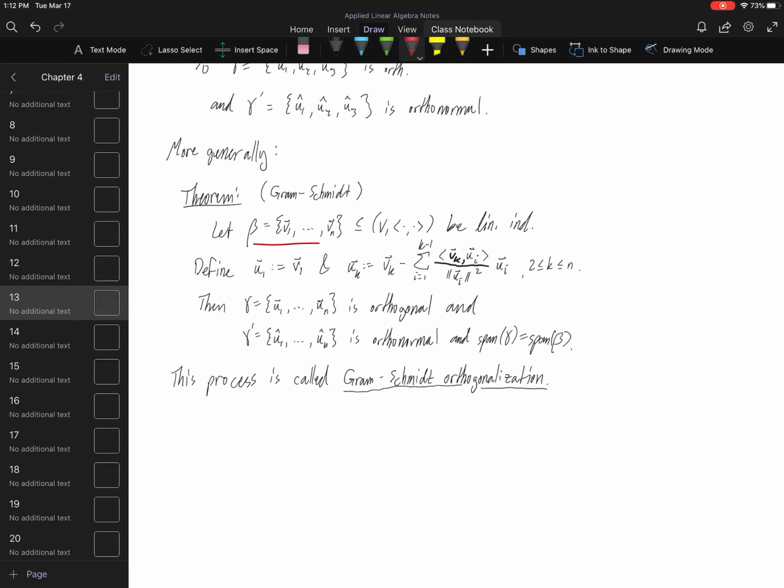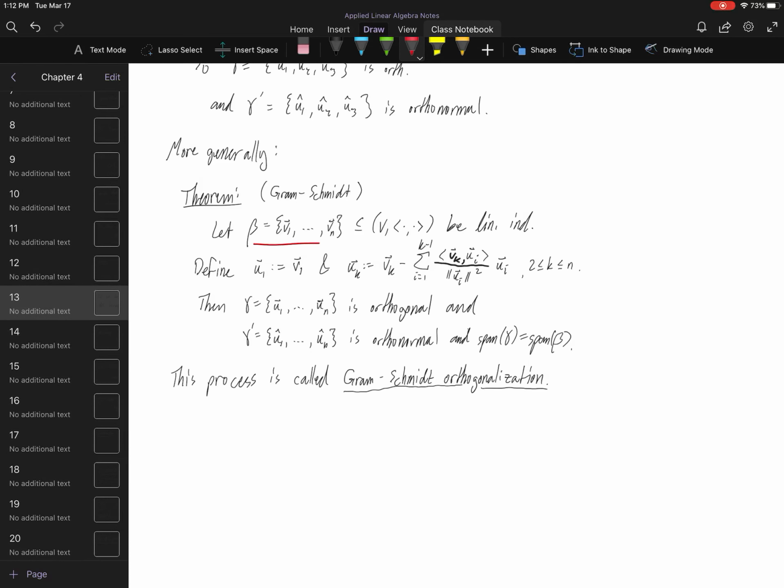We're going to shave off the appropriate amount of all the vectors that came before it to produce something that is orthogonal to everything that came before it. Okay? So U4, for instance, would be orthogonal to U1, U2, and U3 in this algorithm. And then we're going to have to create U5 by shaving off pieces of U1 through U4. Okay, so just as an example.